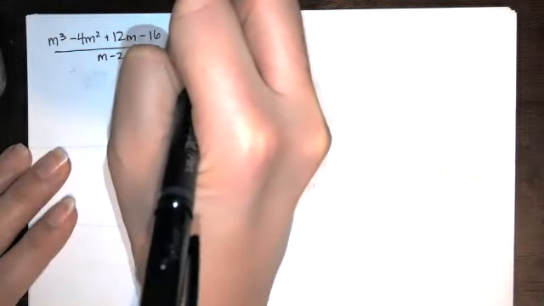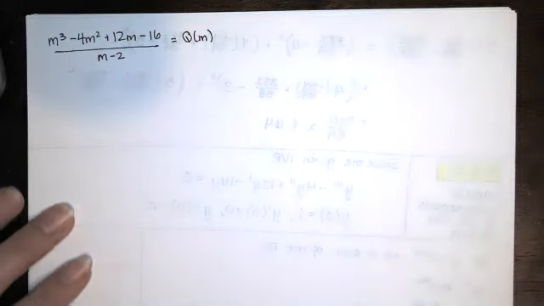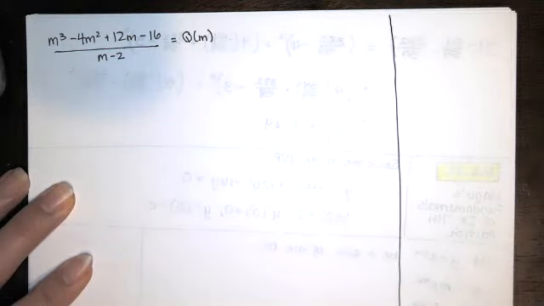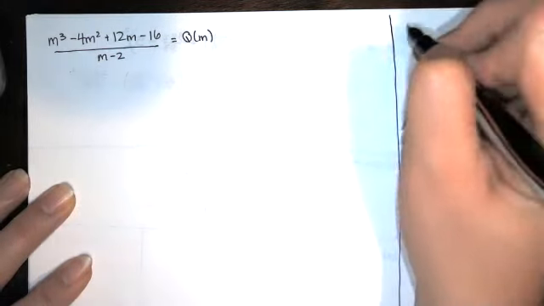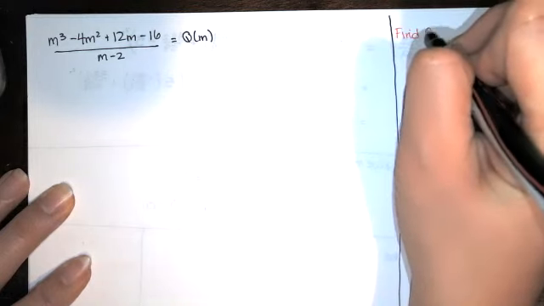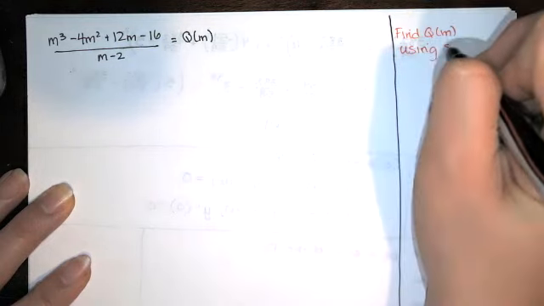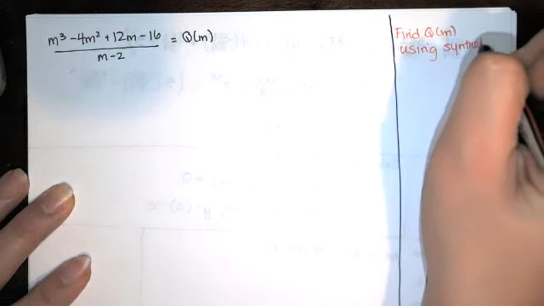We had a cubic polynomial, m cubed minus 4m squared plus 12m minus 16, and we want to divide by m minus 2. That's going to be equal to q of m. And we're going to use synthetic division to do that.